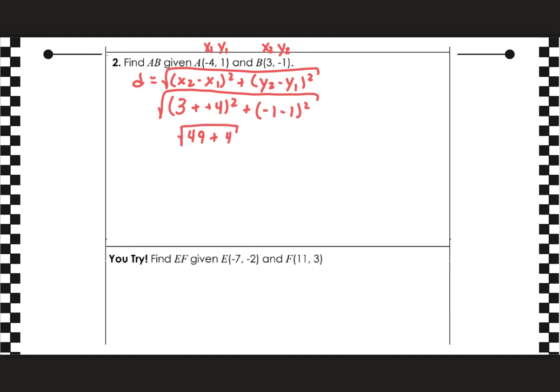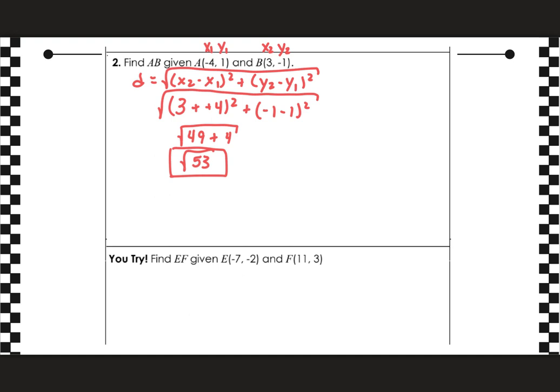So 49 plus 4 is 53. So that's going to be the square root of 53. I'm going to check that in my calculator real quick. So I'm going to do the square root of 3 minus negative 4, squared, plus negative 1 minus 1, squared, and I hit enter and I get square root of 53.